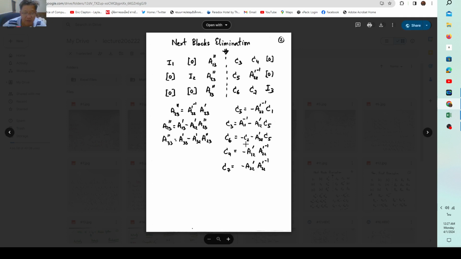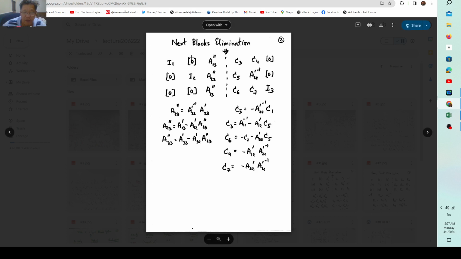The original value is A11 inverse, okay, minus A12 prime over here multiplied by this row, and multiply C sub 5, and then subtracted from A11 inverse. So this one is C sub 3, okay, and then C sub 4.